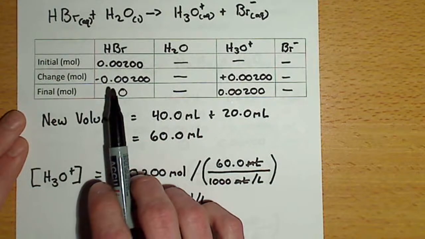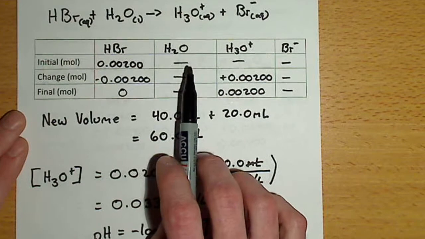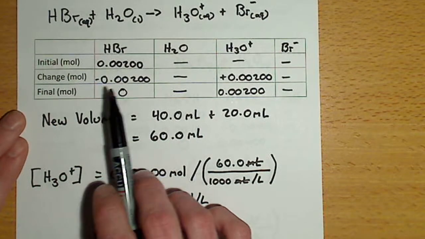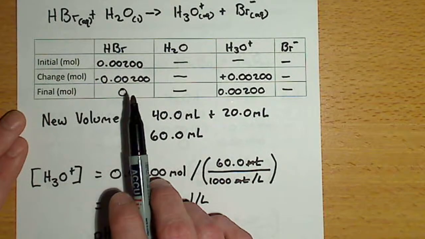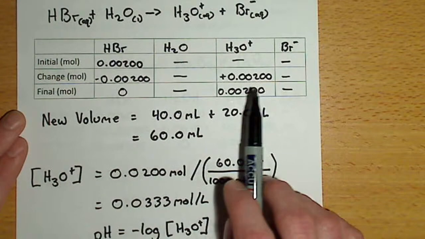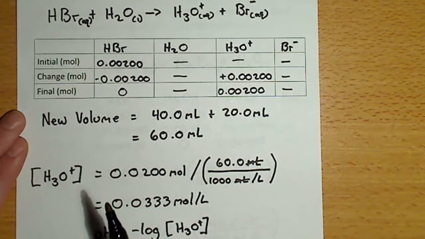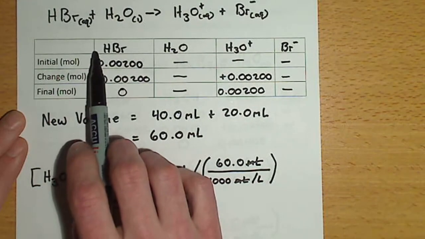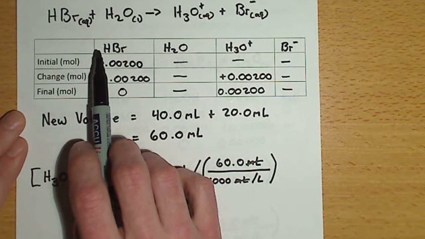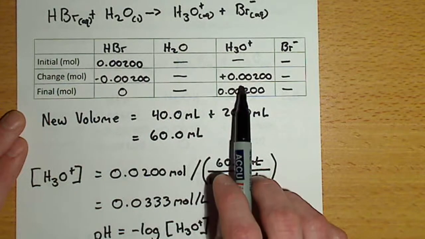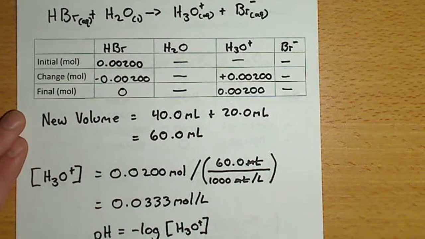Because the reaction goes to completion and water is in excess, the hydrobromic acid is our limiting reactant and all of it is consumed, leaving us with 0 moles. We therefore form 0.002 moles of hydronium ion. Remember to check your stoichiometric ratios. In this example, it's 1 to 1, so we do not need to multiply this value.